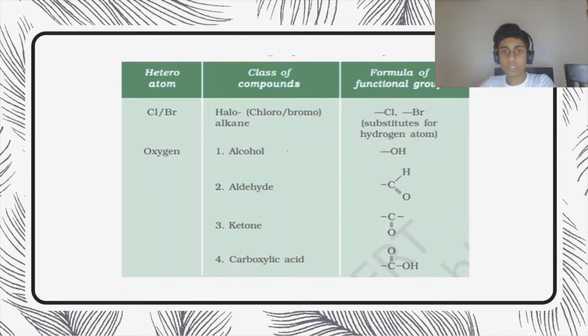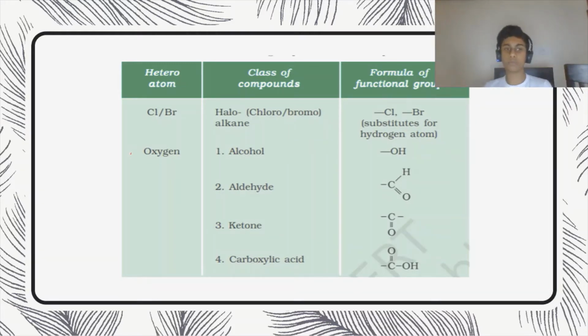For alcohol we just use the suffix "ol", and let's say we have an alkane, alkene, or alkyne. Now the thing is, we would just remove the E and add OL, because as per IUPAC nomenclature, we cannot have two vowels together.